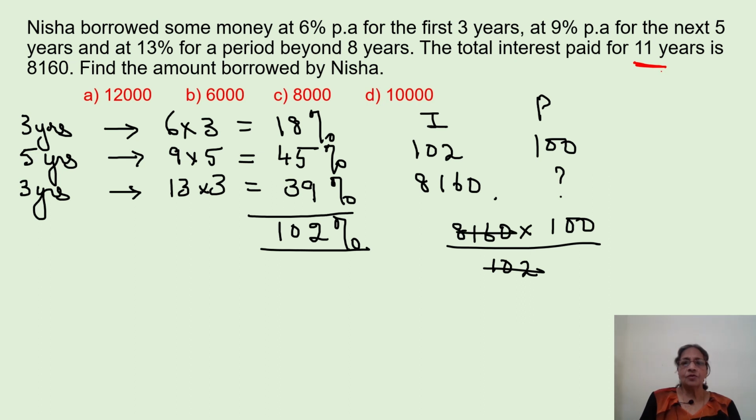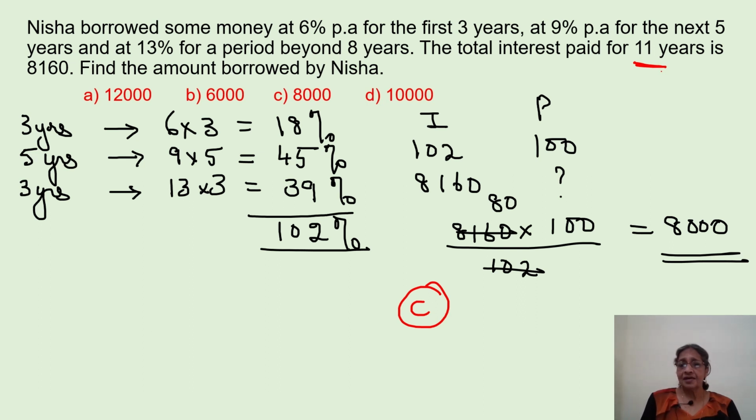This will directly go 8 times and your answer is 8,000, which is nothing but the C option. So here you were given 3 rates of interest, but for breakup of the periods, total period amounting to 11 years.